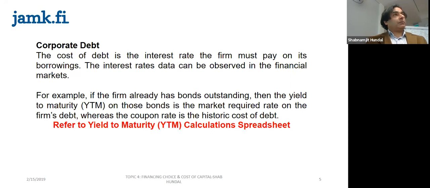But when I go in the secondary market, there is somebody who likes your company so much that they're willing to pay me 102. They say, you get aside, give us your paper, we pay you 102. The face value is 100, but the market value is 102, 103, whatever.